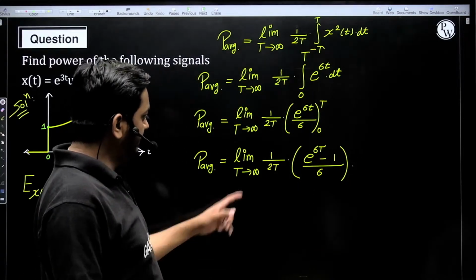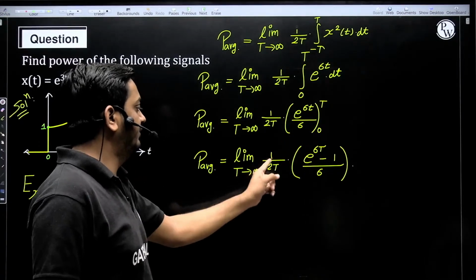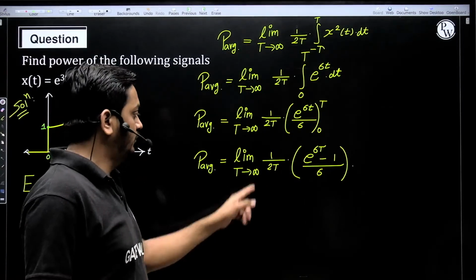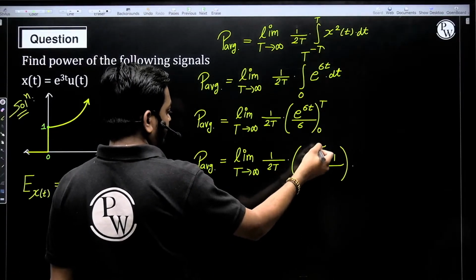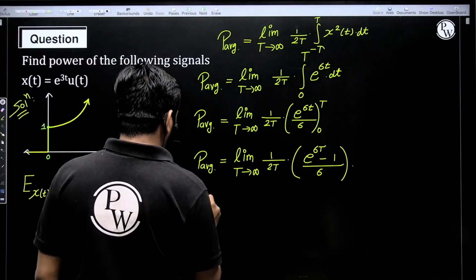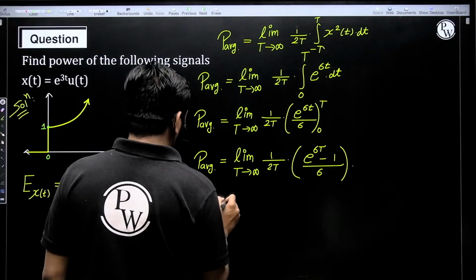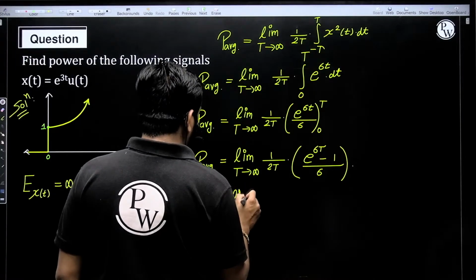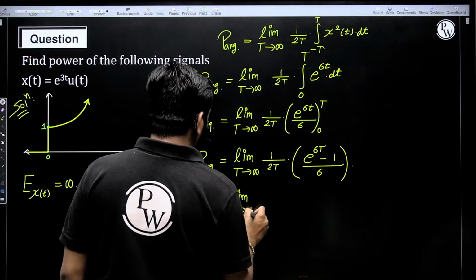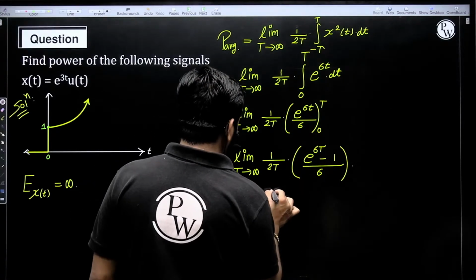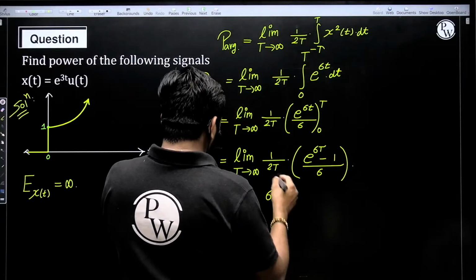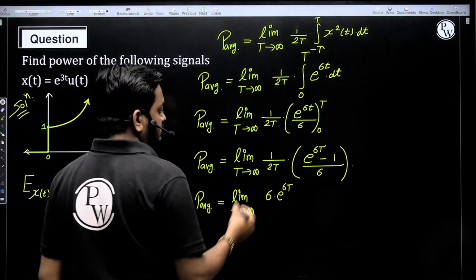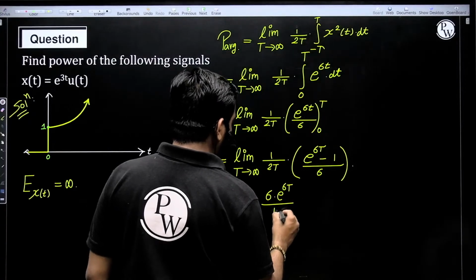Now if you apply the limit, it will be the infinity by infinity form. So you have to use the L'Hospital rule, correct? If you apply the limit, e power infinity and here also infinity. So according to the L'Hospital rule, differentiate the numerator and the denominator, then apply the limit. Differentiation of the numerator gives 6 e power 6T, differentiation of 1 is 0, and differentiation of the denominator 2T is 2, so it will be 12.